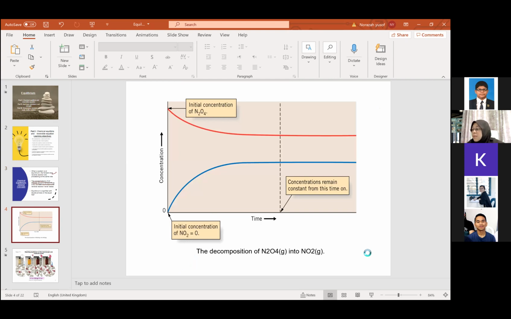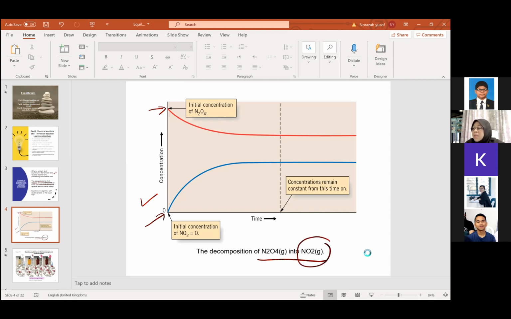we are using an example, the decomposition of N2O4 into NO2. The y-axis is concentration. At the beginning, the concentration of the reactant is of course the highest, and the concentration of the product is 0, because nothing has yet been converted to NO2.